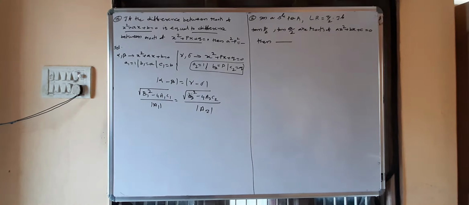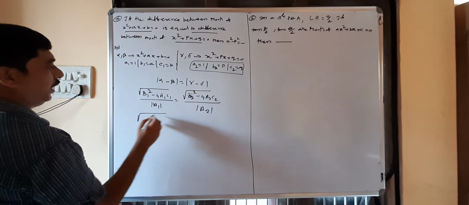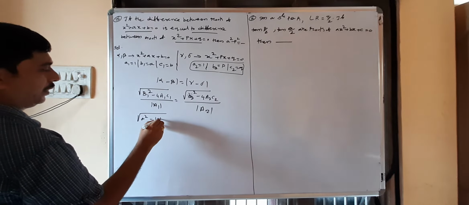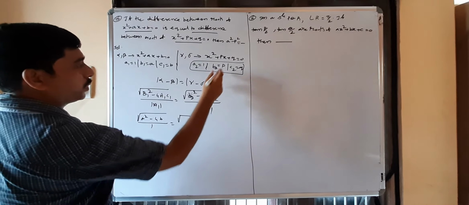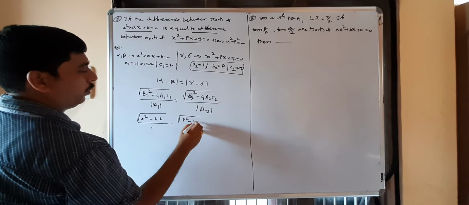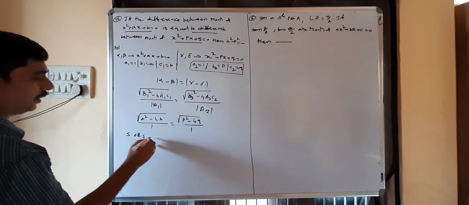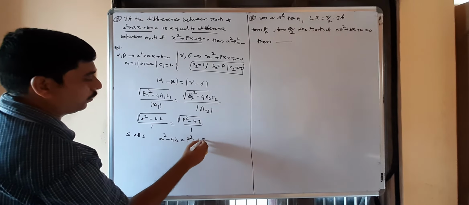Substitute the values: b1 square means a square, root of a square minus 4a1 c1 means 4b, by mod a1 means 1, equal to root of b2 square means p square minus 4a2 c2 means 4q, by mod 1. Squaring on both sides, a square minus 4b equal to p square minus 4q.